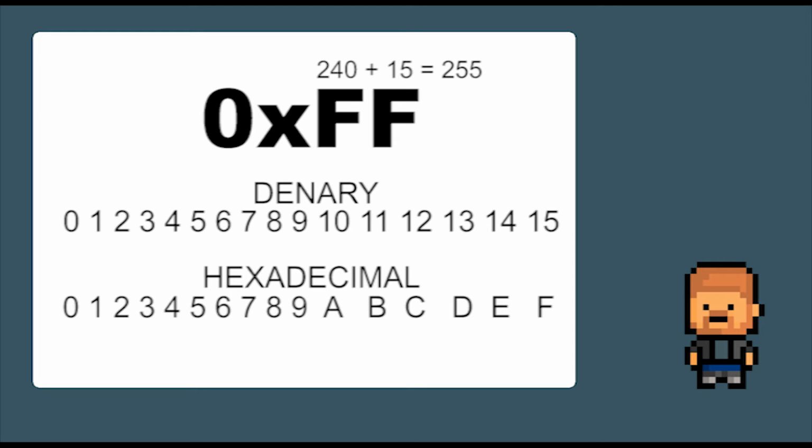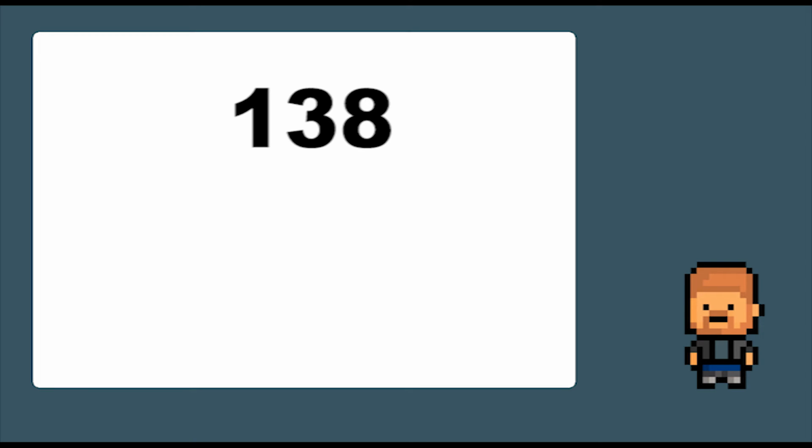Okay, let's convert a number. Let's try 138. We need to divide it by the largest power of 16. So 16 times 10 is 160, which is too big. So let's try 16 times 9, which is 144, which is still too big. So let's try 8 times 16, which equals 128, and that is perfect.